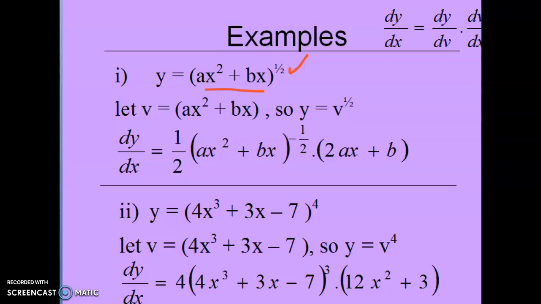Having replaced this one with a v means that y is now, since this one is now v to the power half, then we try to find dy dv also.